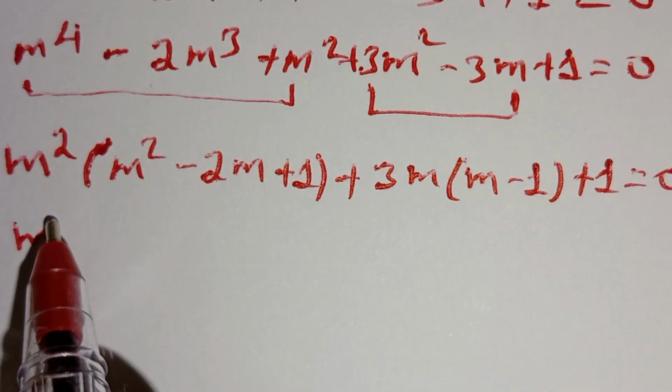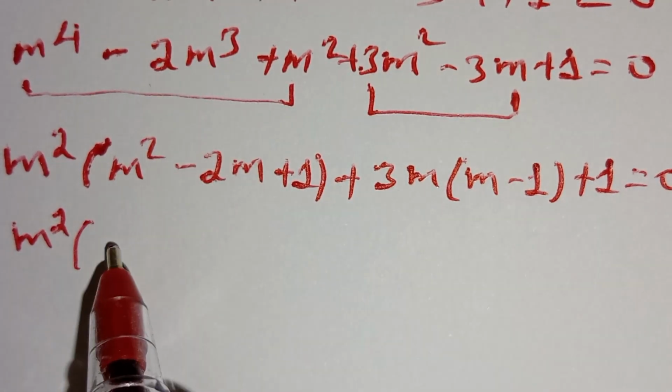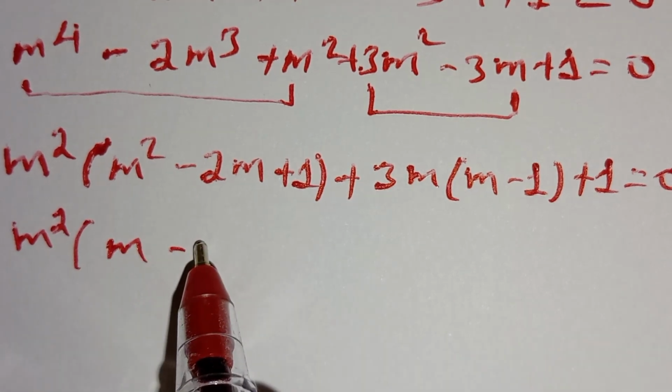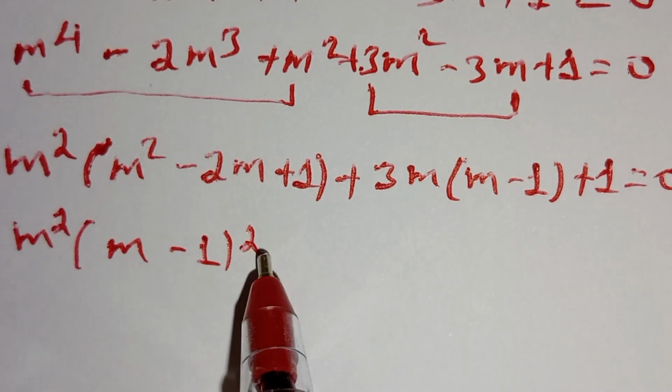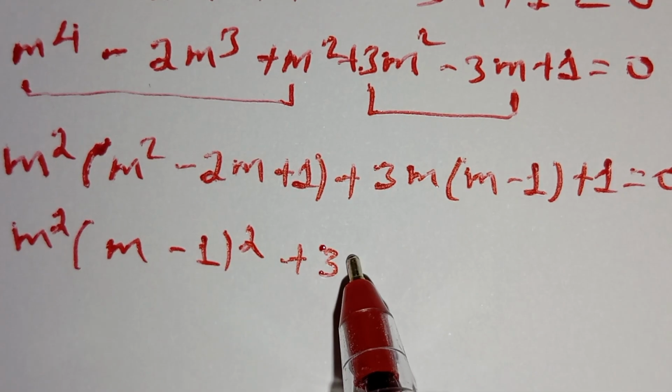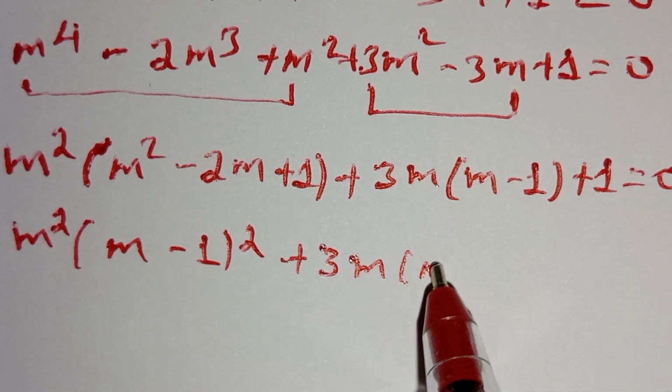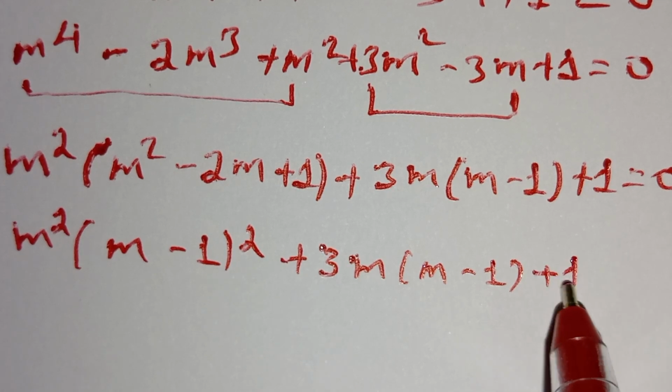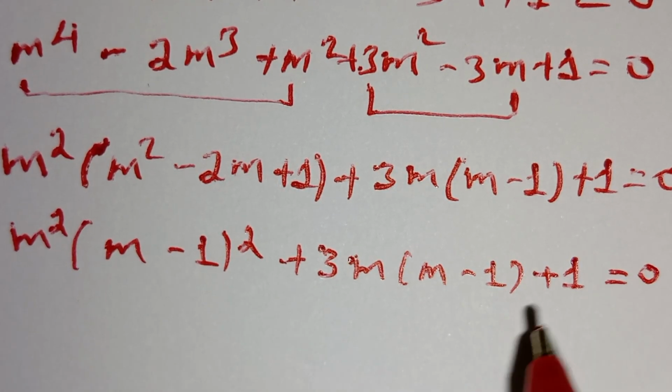M square into (m minus 1) the whole square, the same as this, plus 3m into (m minus 1) plus 1 is equal to 0.